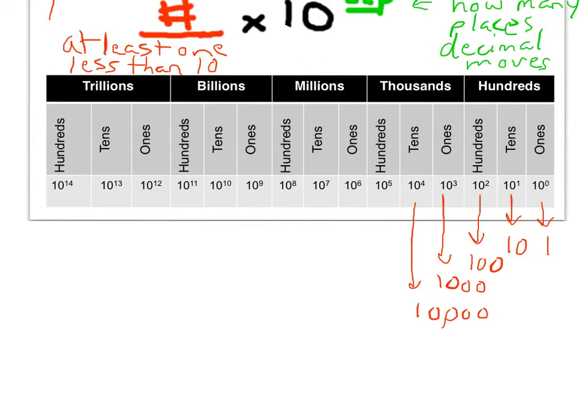And 10 to the fifth power, that's 100,000, or 1 followed by 5 zeros. It's 10 times itself 5 times.